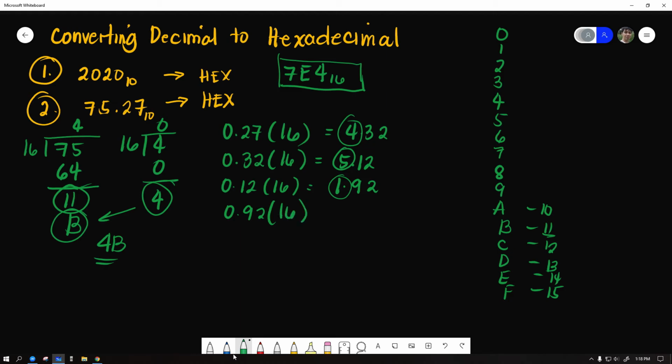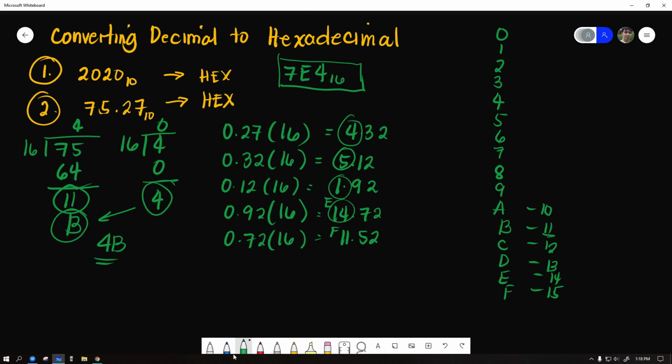Times 16 is 14.72. So take note of 14. That can be written as letter E. And then the fraction part remaining, 0.72 times 16 is equal to 11.52, or B. So let's assume it will be continually multiplied.